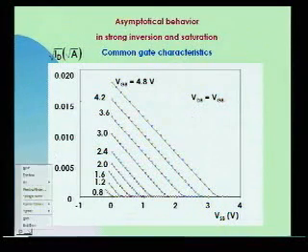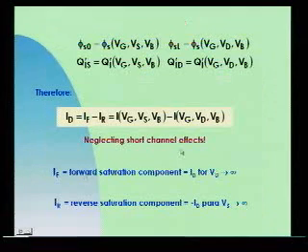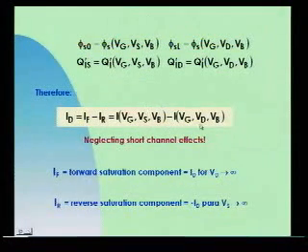But what does it mean when I do this? It means that since the functional forms of both components are the same, I can characterize the device in the saturation regime. Okay? I can choose a saturation regime, either forward or reverse, and characterize the device because this other component will have the same form.